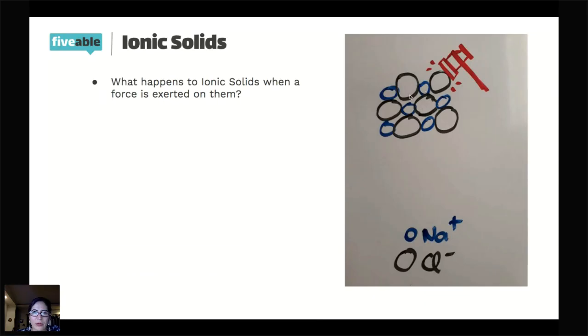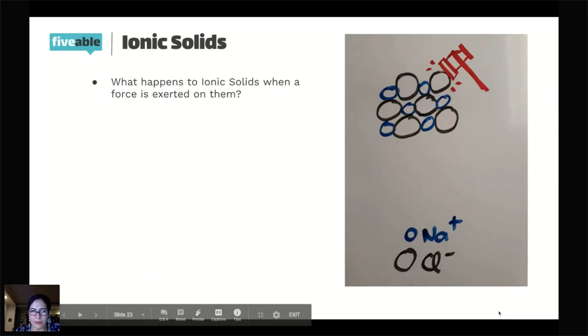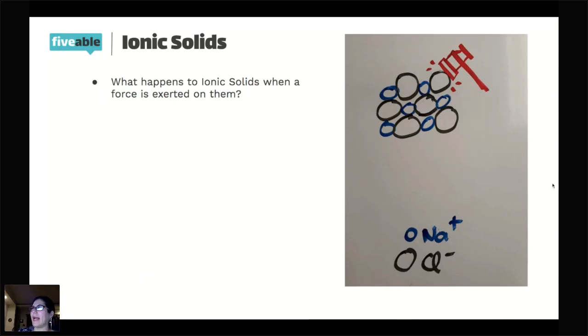Okay, Matthew, you're saying it will stay the same. Why? Okay, so because of the crystal lattice, let's see what happens.